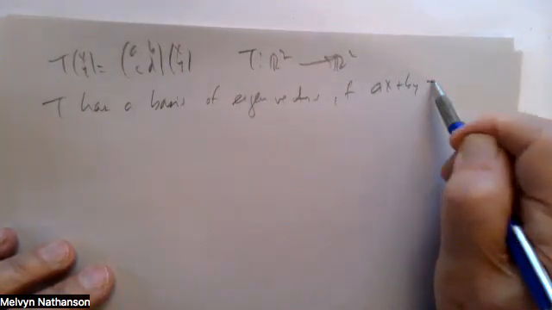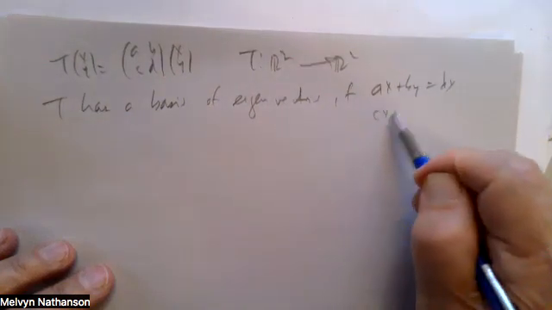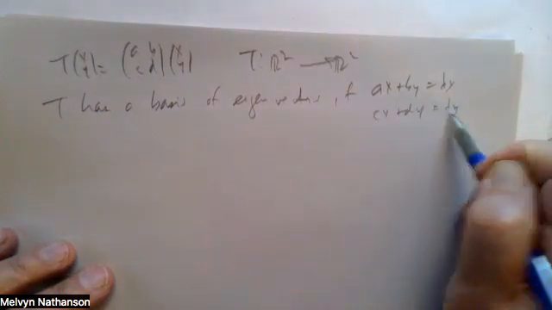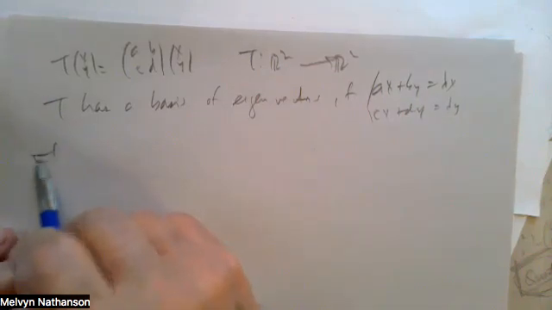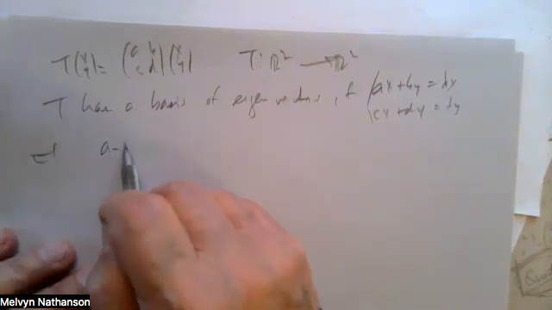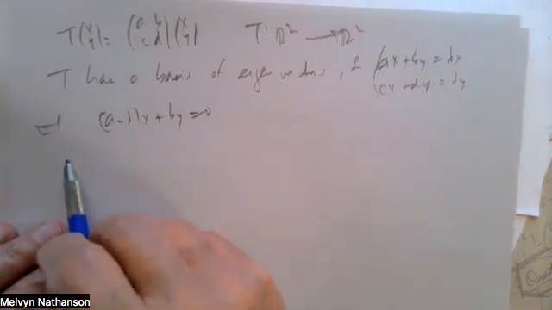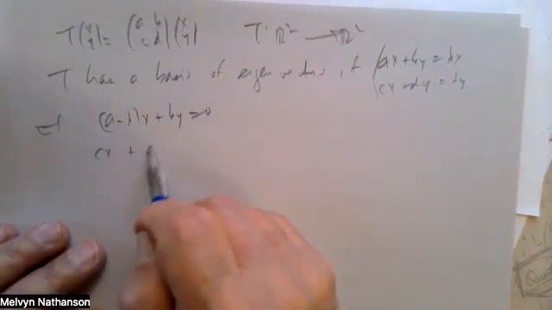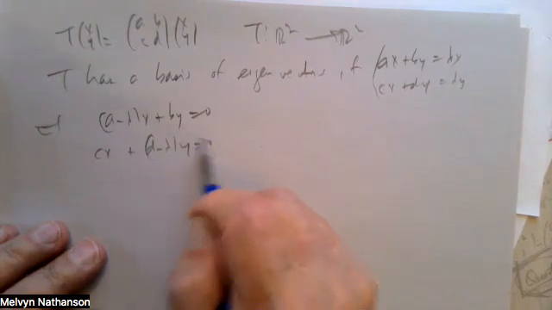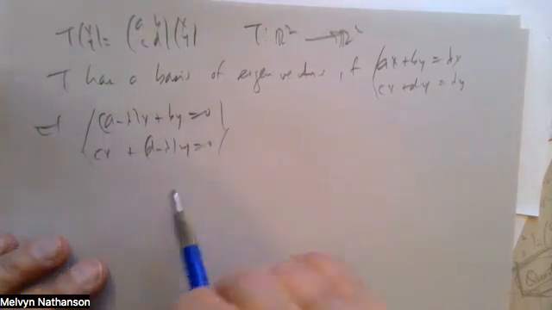Ax plus by equals lambda x, cx plus dy equals lambda y, which is the same as (a minus lambda) x plus by equals 0, cx plus (d minus lambda) y equals 0.